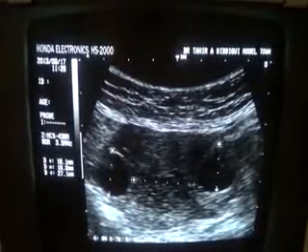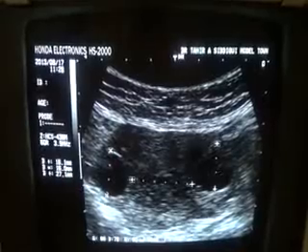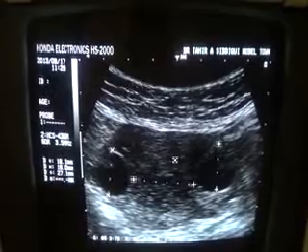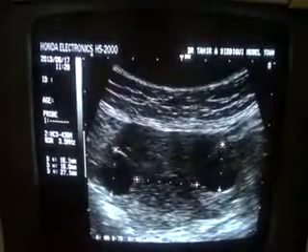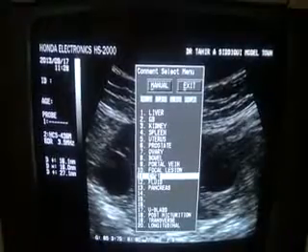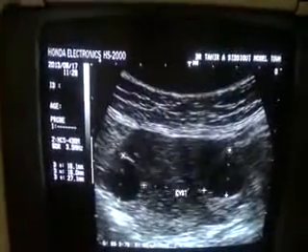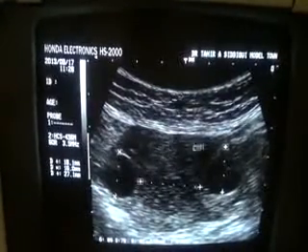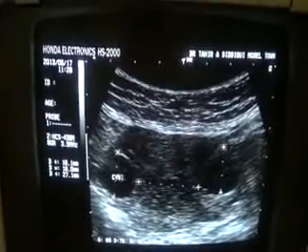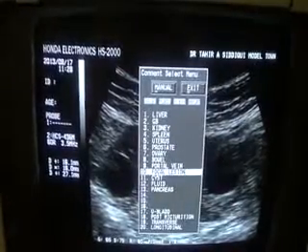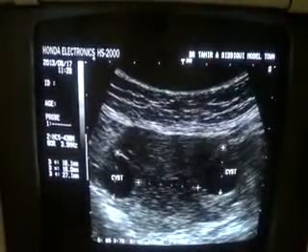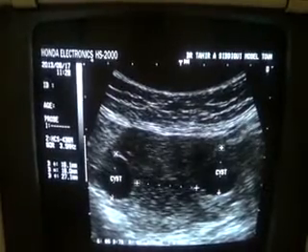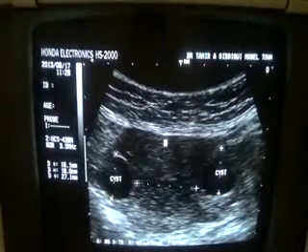These two cystic areas are 27 millimeters apart, and they measure approximately 1.6 centimeters. This is a cystic area embedded in the collection of fluid in the region of the right adnexa. This is all collection, and this is the cystic area, and this is a second cystic area. So two cystic areas seen in the right adnexal region.